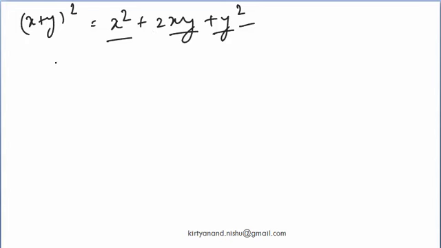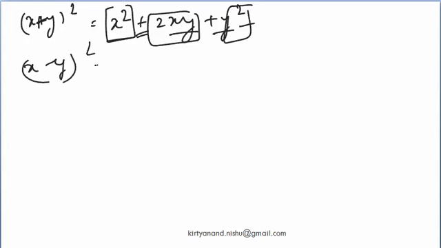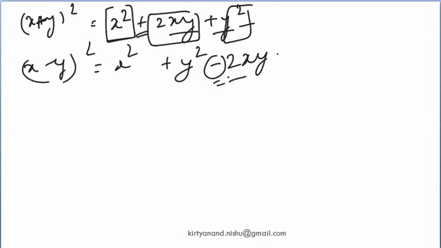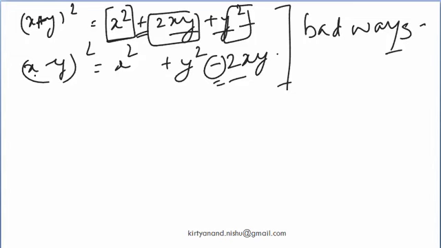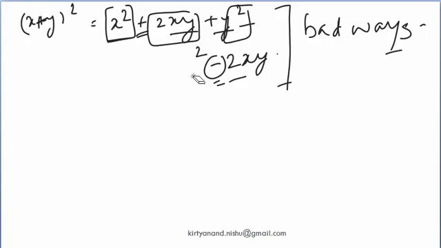I've seen teachers using shortcuts like, if there is a plus in between, the 2xy will come in with the plus, and the square terms will always be plus. If there is a minus in between, all the squares will stay positive, and the other pluses will convert into minus. These are very bad ways of remembering or mugging up the formula, so today we will actually understand the interpretation.